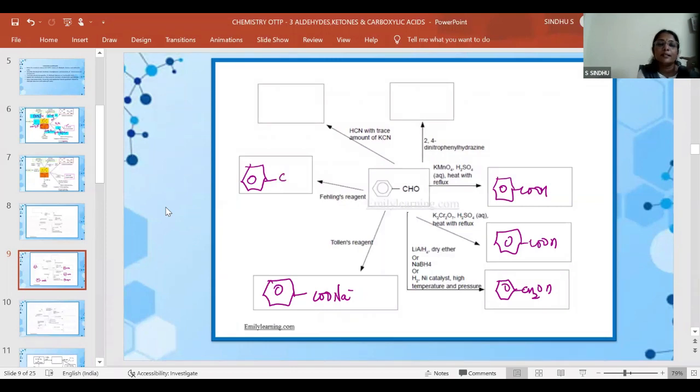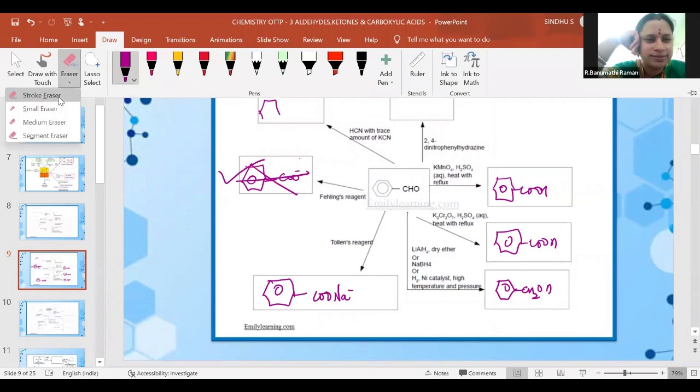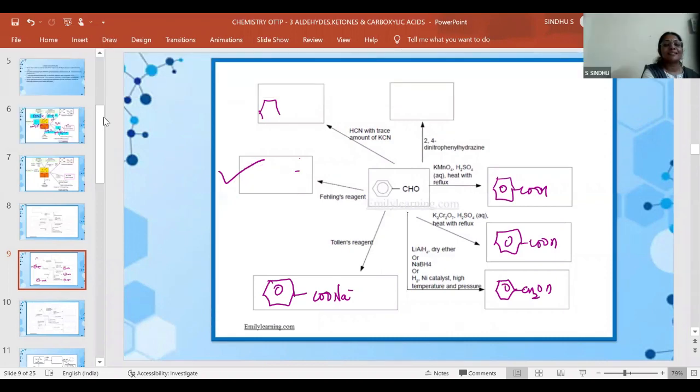So here again we write COONa. And now our product. Ma'am, aliphatic, aromatic. Yes, sir, I'm sorry, Fehling's reagent won't answer for this. Correct, sir. Oh, aromatic. Thank you, sir. Yes, it's aromatic.